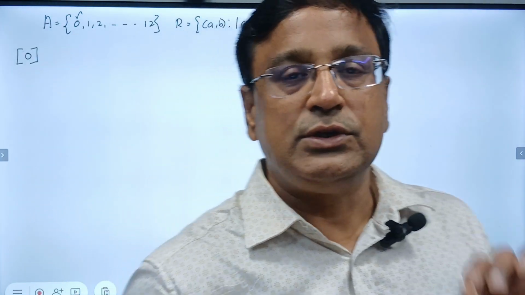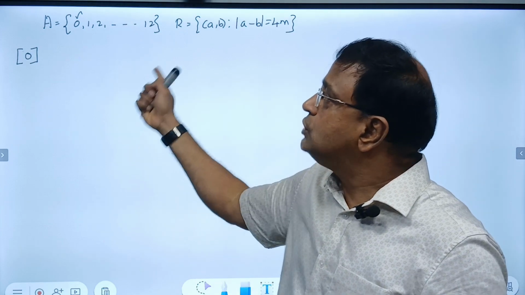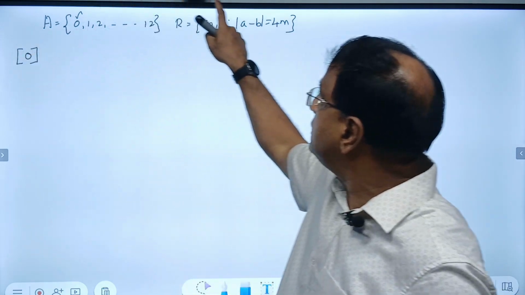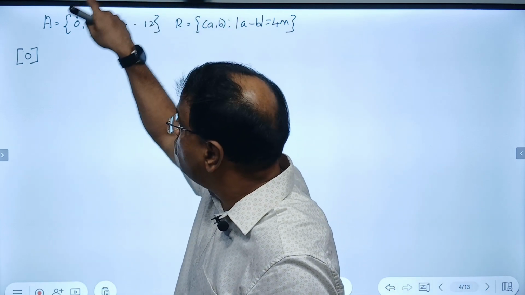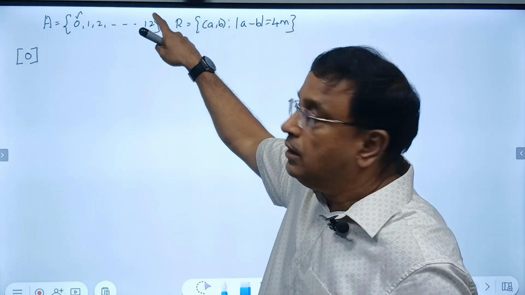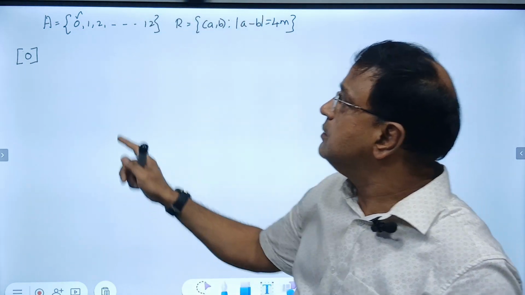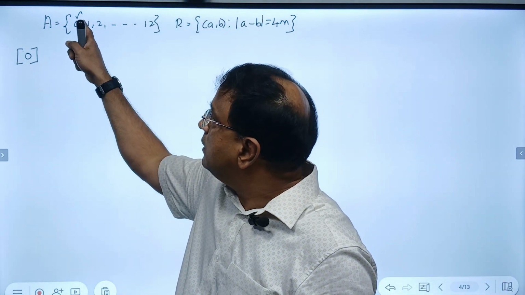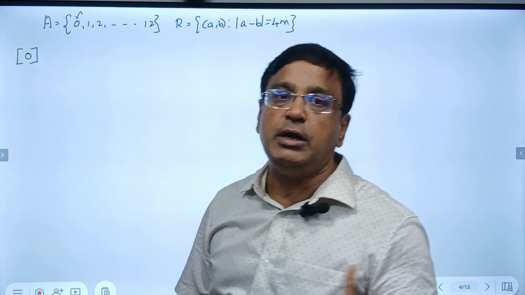Equivalence class of 0 means all the elements in set A which are related to 0 satisfying this relation. That means you choose any element here, for example 0 minus 0 should be a multiple of 4.